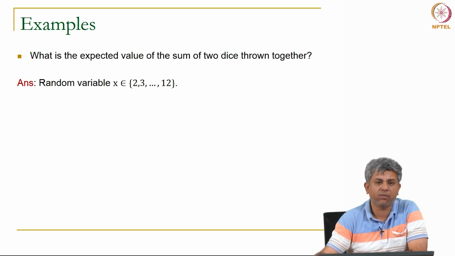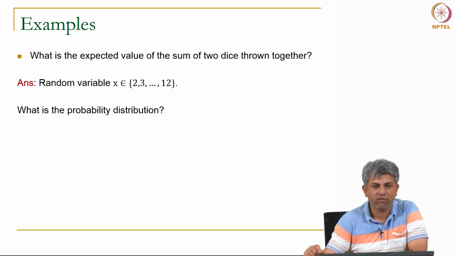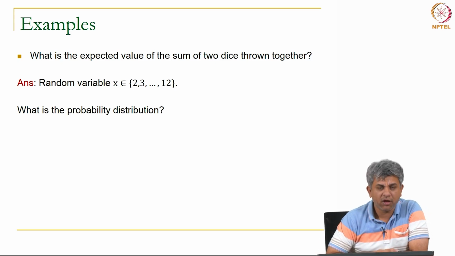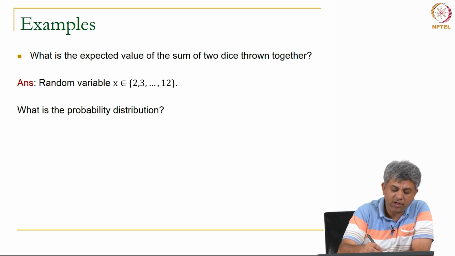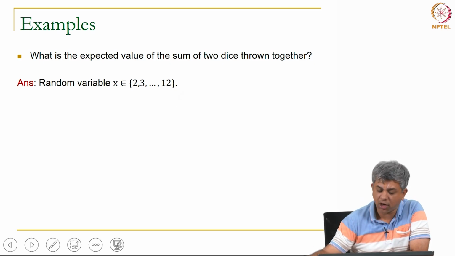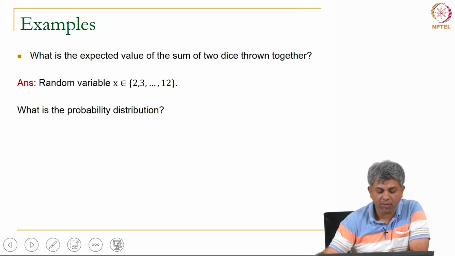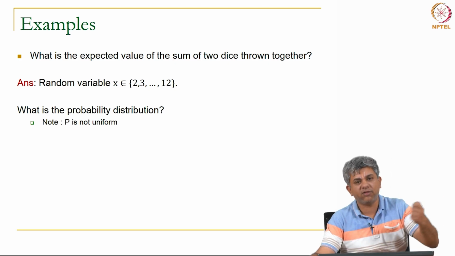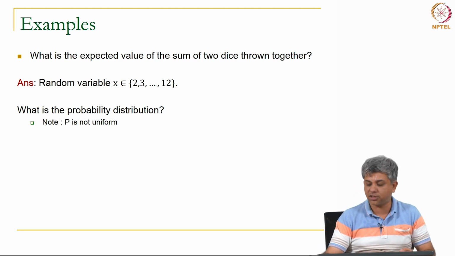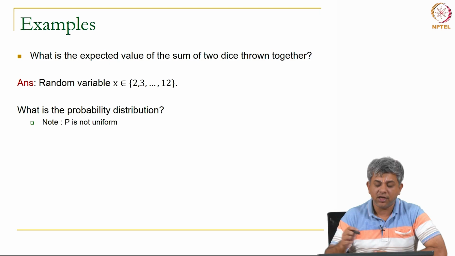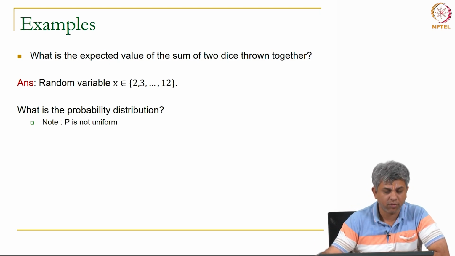So, you have a variable that goes between 2 and 12. The probability distribution you have to be a little bit careful with now. Notice that the probability of 2 is not the same as the probability of 3. Unlike the previous case where we had uniform probability distributions, in this case each of these probabilities is different.